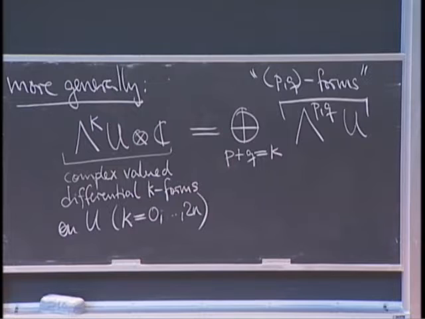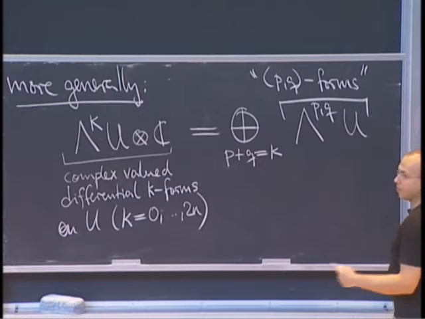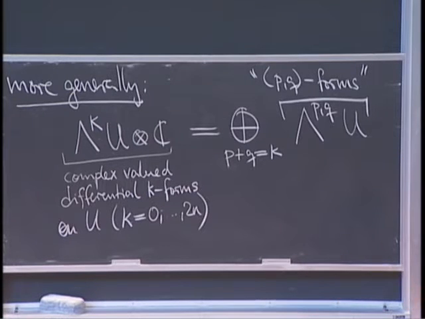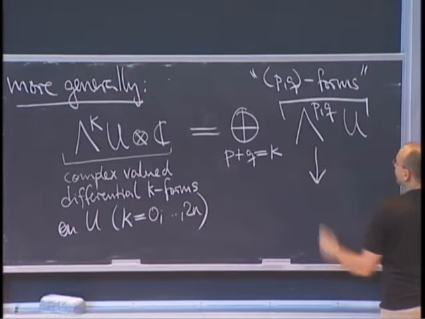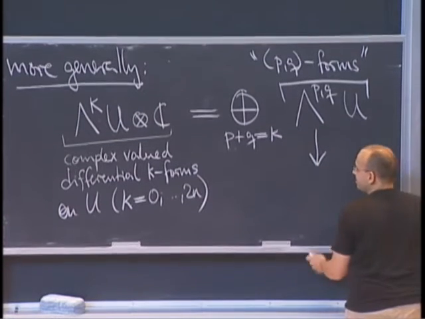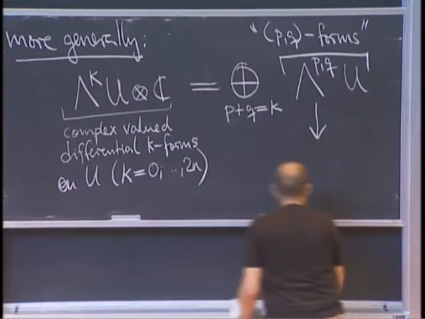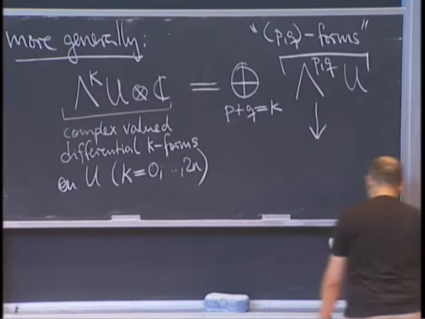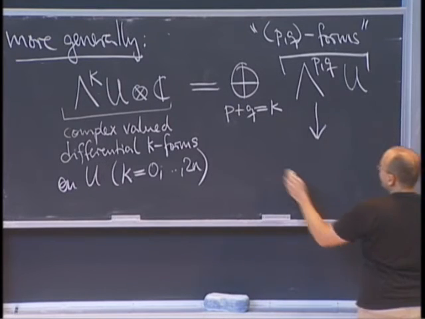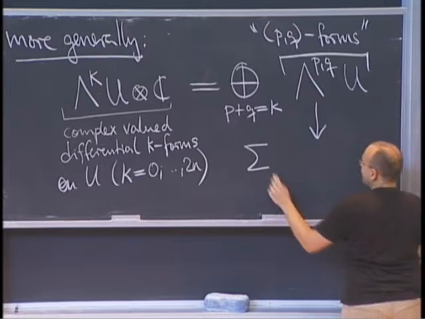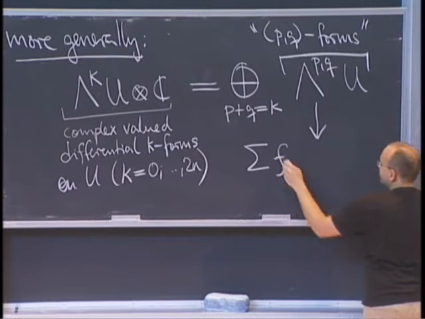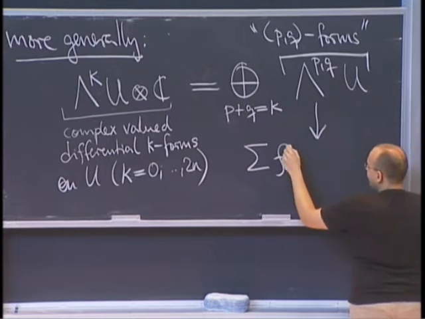So what's PQ form? There's sort of elegant ways of defining this and less elegant ones, and I'm showing you the worst one, but that's again the one that you use in computations. PQ form is a differential form of the following kind. You have some coefficient function that depends on indices.